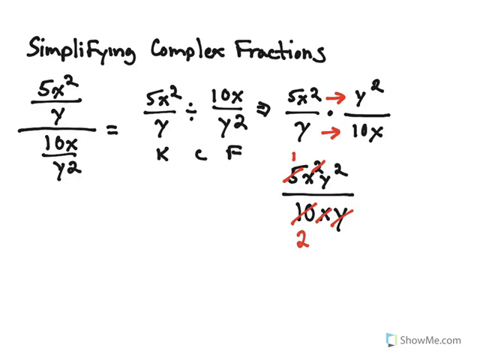You can also cancel one of the y's. So then you're left with x over y, x times y over 2. Okay, so that is your final answer when you do this problem.